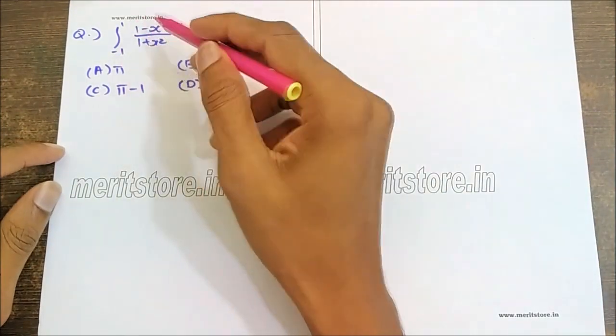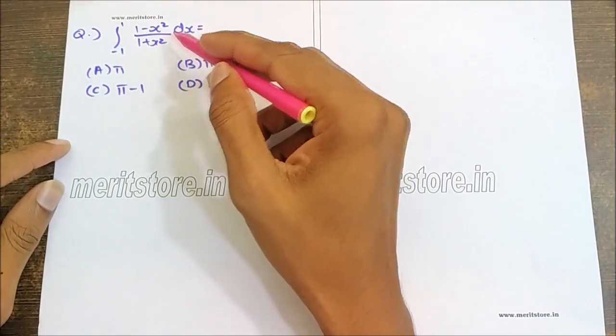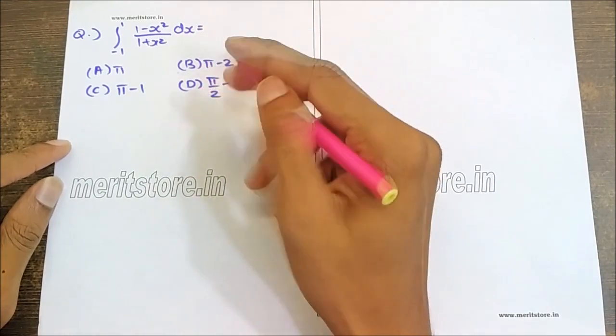Integral minus 1 to 1 (1 minus x square) upon (1 plus x square) dx is equal to, we are given 4 options over here.